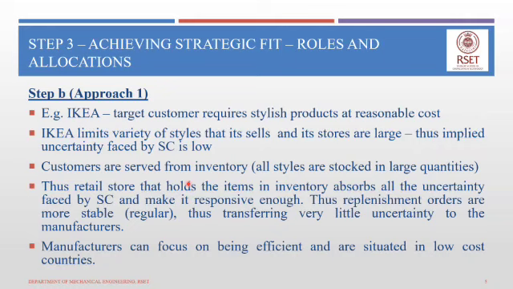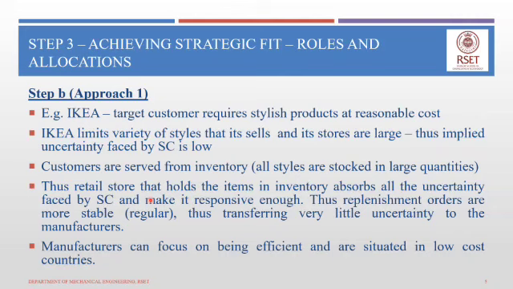In order to have this low level of responsiveness and high level of efficiency, the required level of responsiveness is basically provided by the inventory held by the retail stores. The retail stores hold the items in large amounts of inventory.